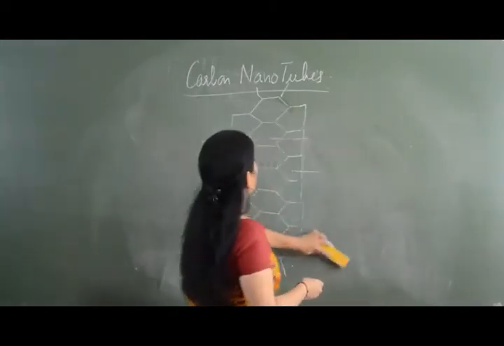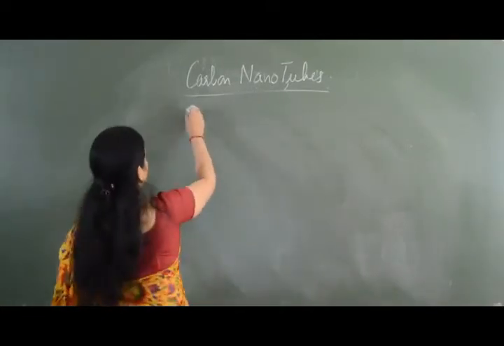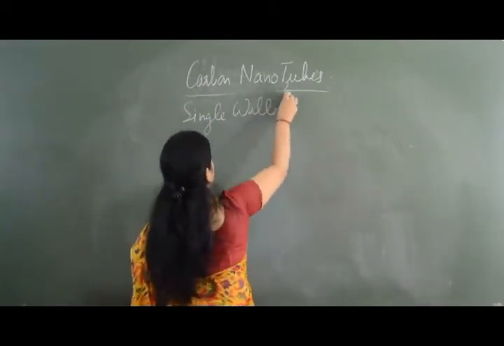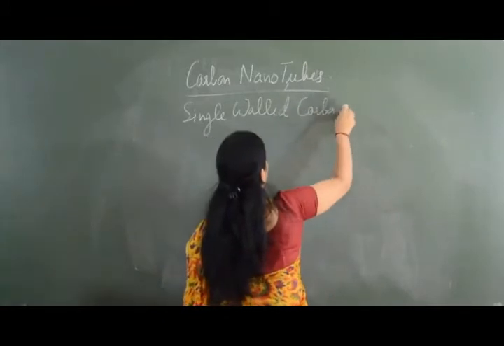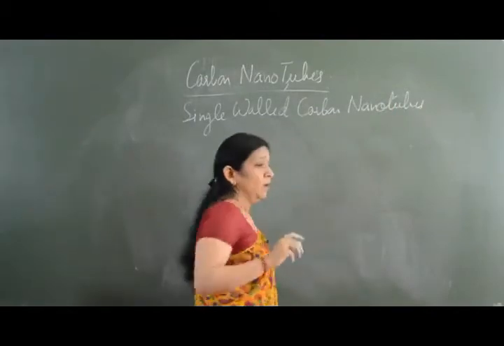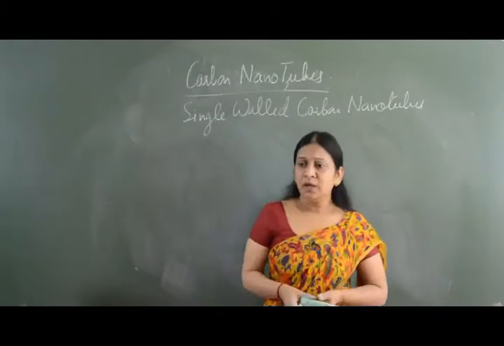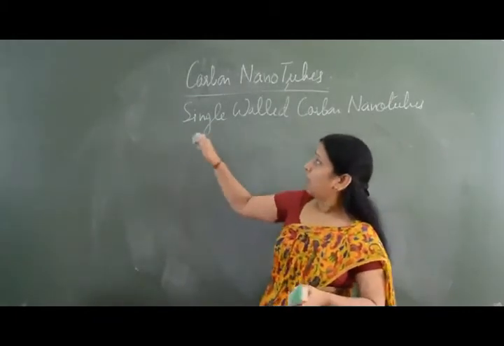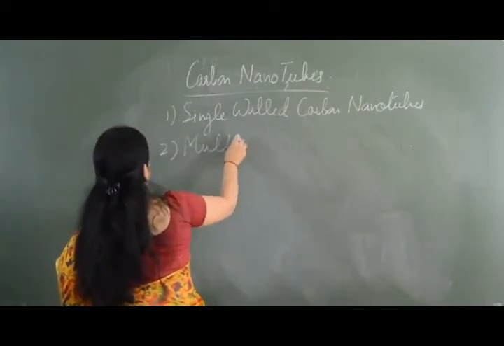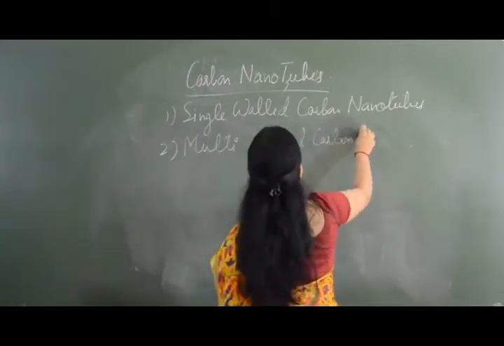Now, we have two types of carbon nanotubes. One is single walled carbon nanotubes, and the second is multi-walled carbon nanotubes.